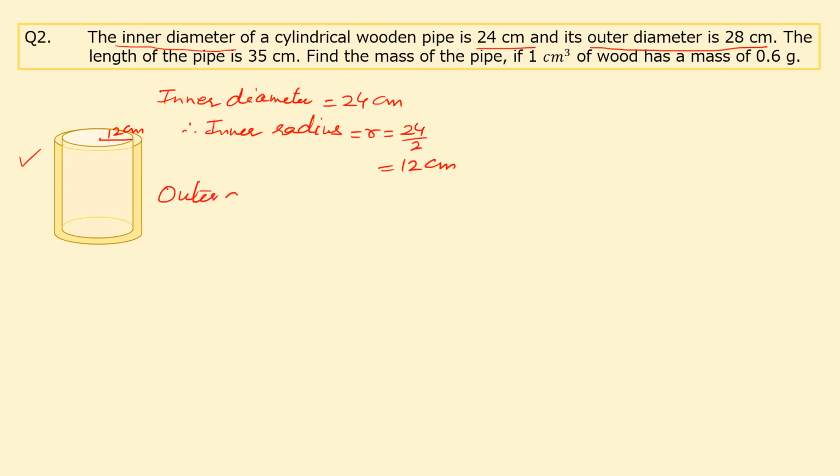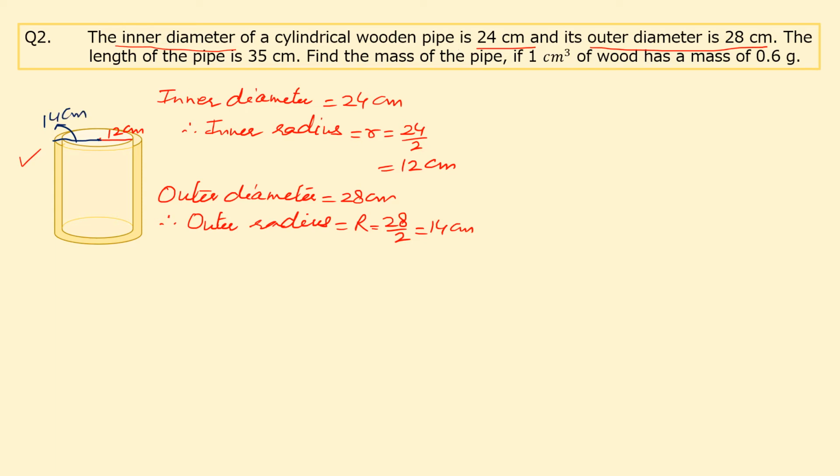So outer diameter is equal to 28 centimeter. So therefore, outer radius we denote by capital R. It will be half of this, so that is 14 centimeter. So from here to the outer edge, this is 14 centimeter.